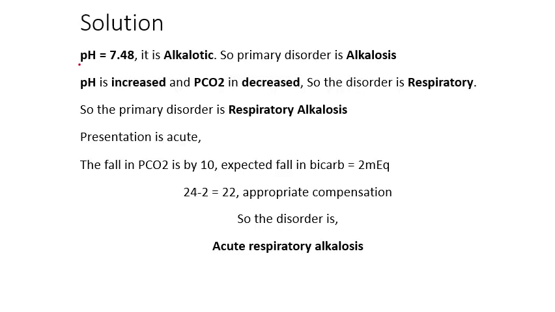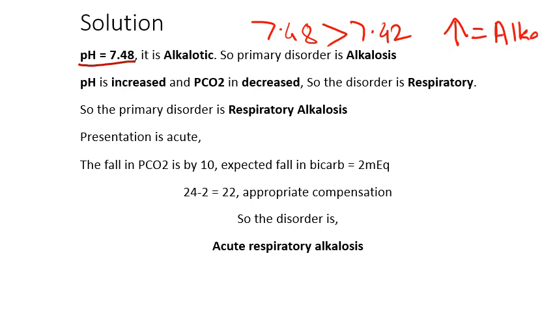The pH in this given case is 7.48. 7.48 is more than 7.42, so the pH has increased, which tells us that the disorder is alkalosis. Then we saw that PCO2 was 30, which is less than 40, the normal value for calculation purposes of PCO2.